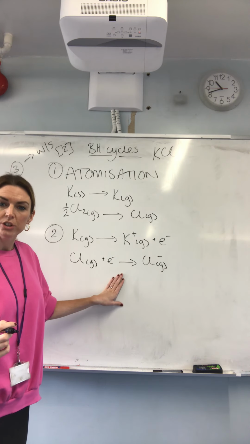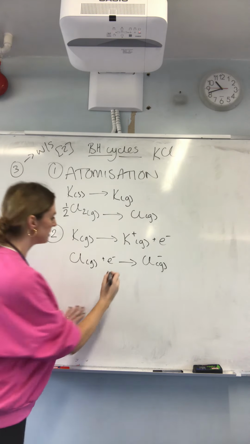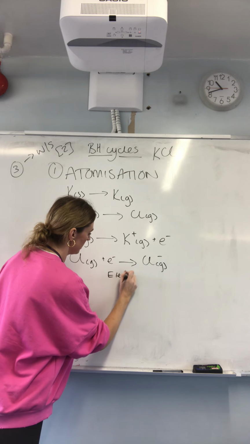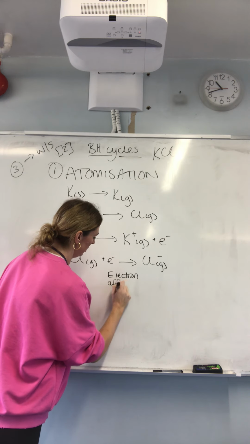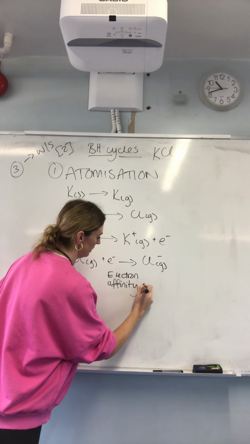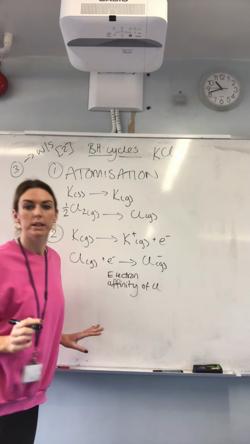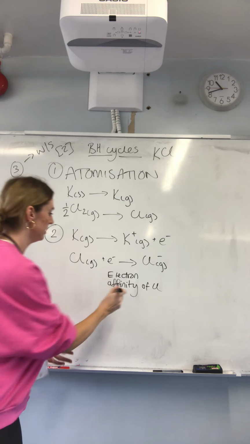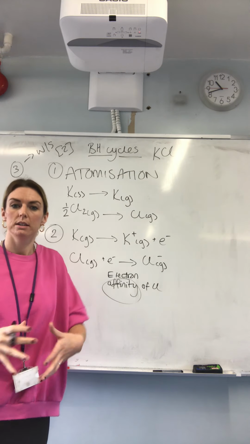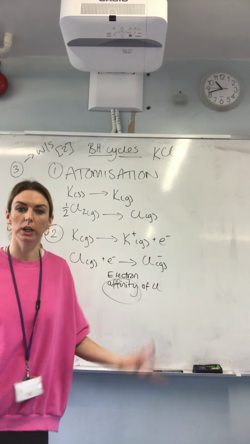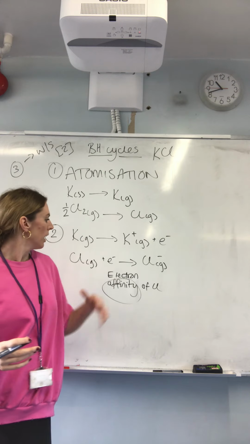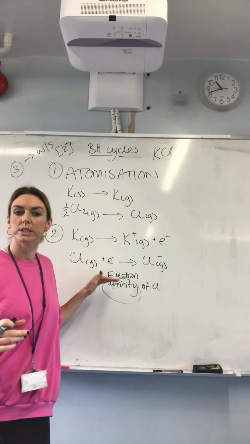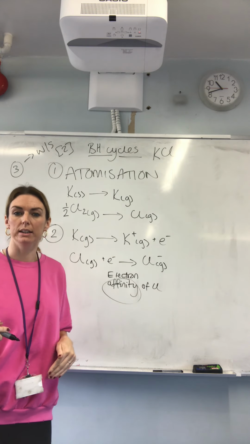Now, the enthalpy change associated with that is known as the electron affinity of chlorine. If you think about the word affinity, to have an affinity for something is to like it, to be attracted to it. So that is the process by which chlorine is gaining an electron.